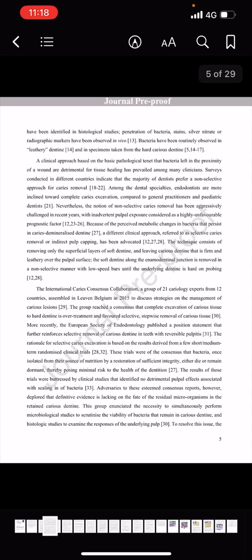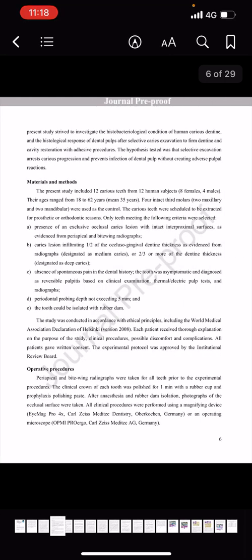Selection criteria: presence of an exclusive occlusal caries lesion with intact interproximal surfaces, caries lesion infiltrating half or two thirds of the occlusal-gingival dentine thickness, absence of spontaneous pain in the dental history. The tooth was asymptomatic and diagnosed as reversible pulpitis. Periodontal probing depth not exceeding 5 mm, and the tooth could be isolated with rubber dam.